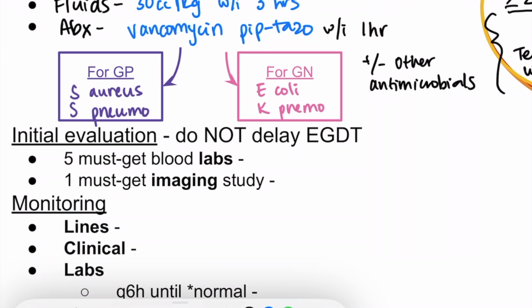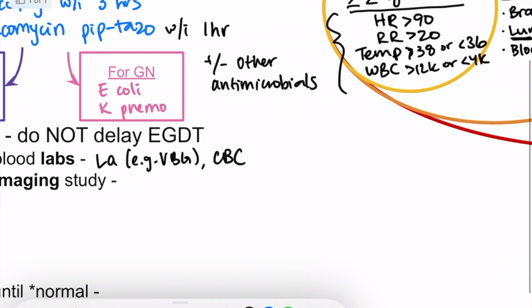There are 5 must-get labs, so let's talk about them. The first would be something to tell us about lactate. You can get this on a VBG. The second is a CBC, telling us about white blood cell count changes, platelet counts.